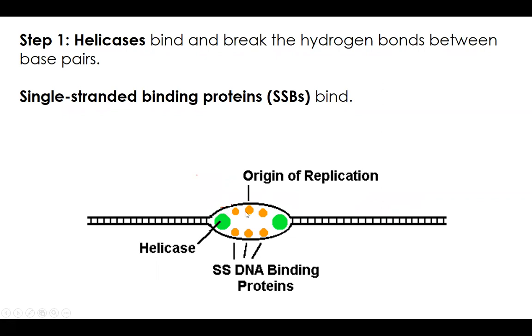So until we get it replicated, we're going to need these DNA binding proteins to stay in place to hold this bubble open. Replication actually happens very fast. It's going to happen in a few hours in our cells, even though we have a ton of DNA. So this is just going to briefly help us get everything started.